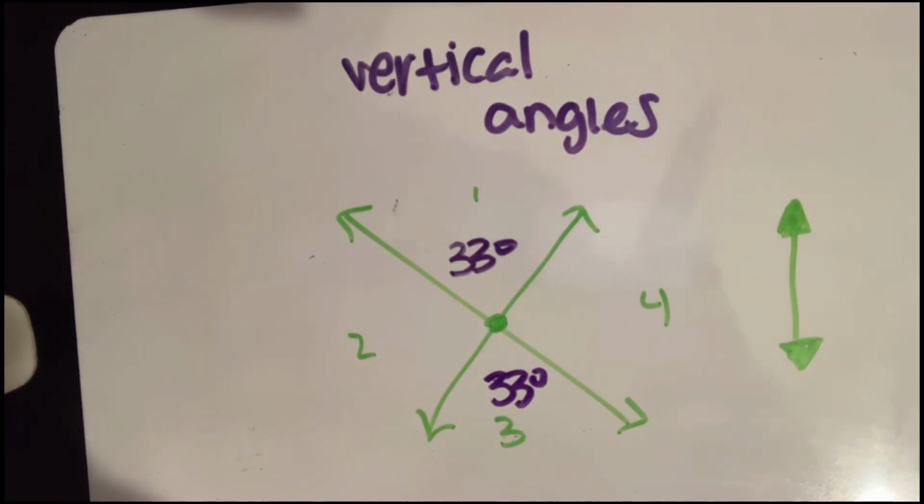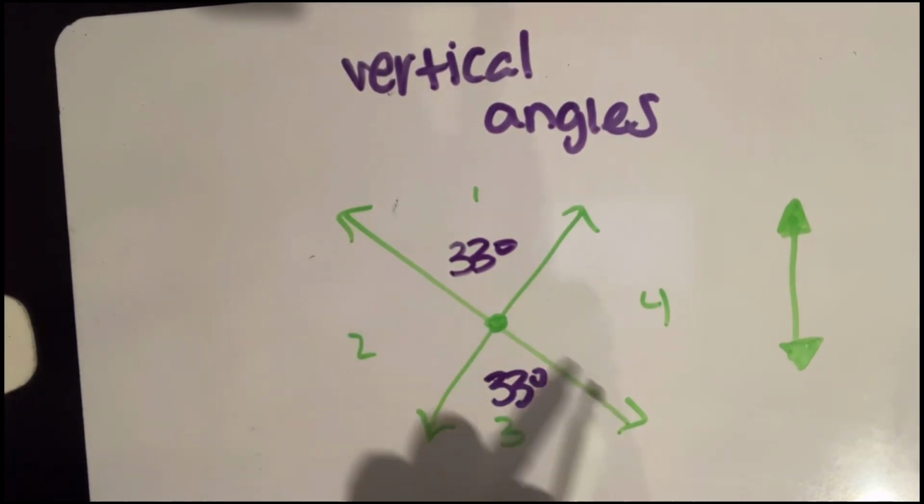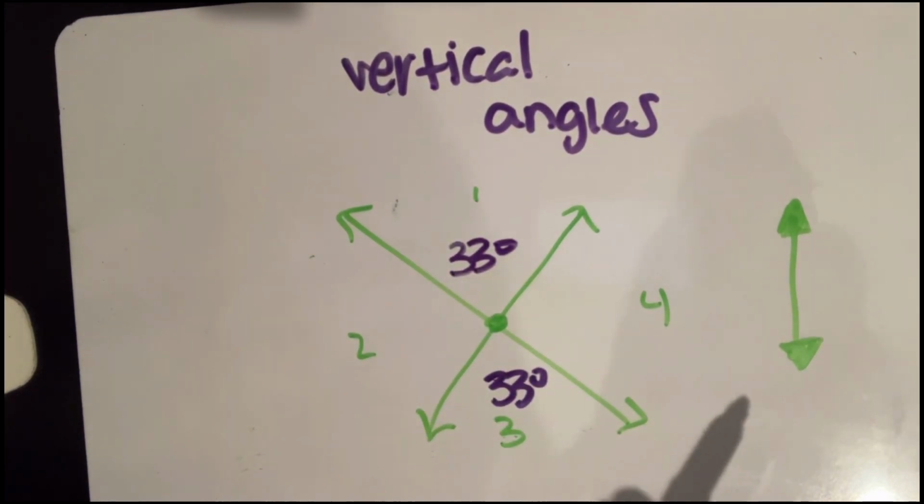Let's take a look at something else. We know that a straight angle adds up to 180. Let's try and find the measurement of angle 2 using that knowledge. Here, we can find a straight angle right here and here. Angles 1 and 4 make a straight angle.